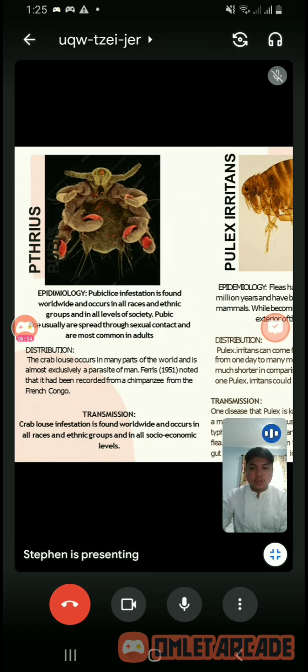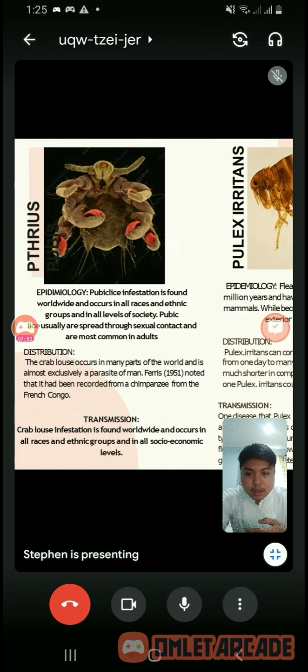The distribution, the crab louse occurs in many parts of the world and is almost exclusively a parasite of man. Noted that it had been recorded from a chimpanzee from the French Congo. So the transmission, crab louse infestation, is found worldwide and occurs in all races and ethnic groups in all socioeconomic levels.